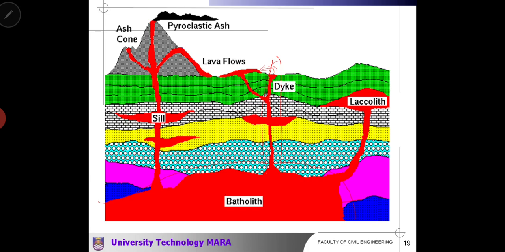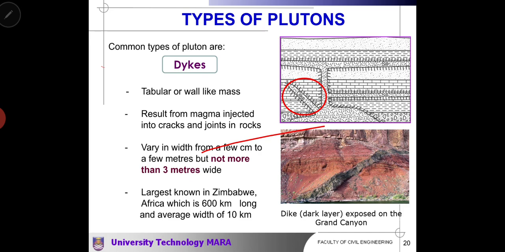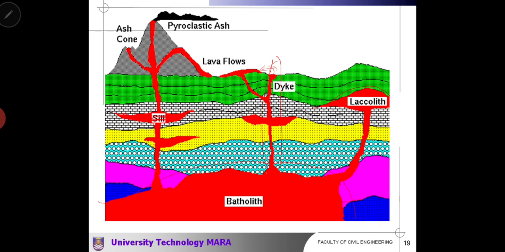And this magma occupies the horizontal space, parallel to layers, and this is what we call a sill. And this laccolith forms a mushroom shape. This is the area for extrusive formation of igneous rock.